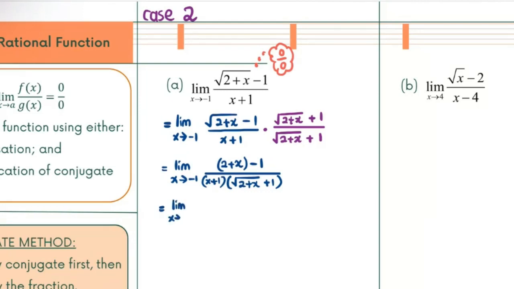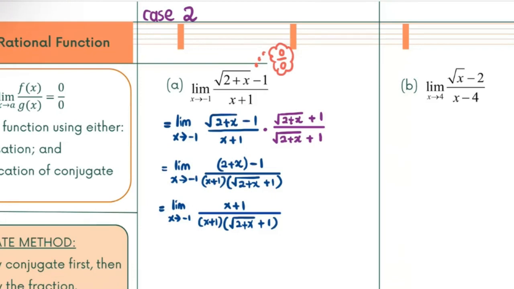So limit of x approaching negative 1, 2 tambah x tolak 1, 2 tolak 1 dapatlah positif 1. So saya ada x plus 1 divided by x plus 1 square root of 2 plus x plus 1.